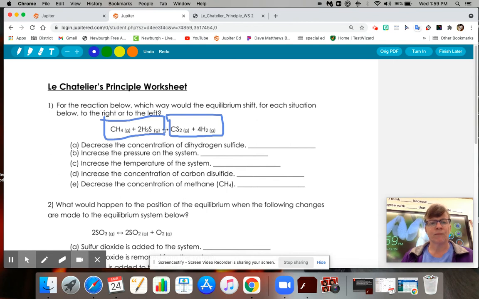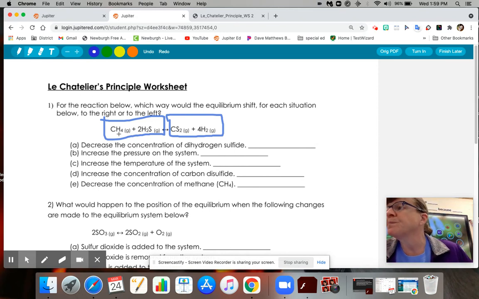I'm not sure. Okay, we're decreasing the concentration of dihydrogen sulfide, H2S. So right here, it's on the left side. And by decreasing it, remember you're starting off equal. Dihydrogen sulfide is on the left side here, and you're decreasing it.